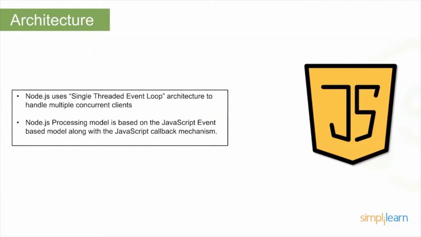And then in addition to that, we have the JavaScript event-based model along with the JavaScript callback mechanism that allows you to have this standard approach to connecting and discussing interactions between the client and the server. It's good to have these kinds of standards where you're not using something that's unique to a specific framework or a specific technology. This just makes it more accessible for everybody.